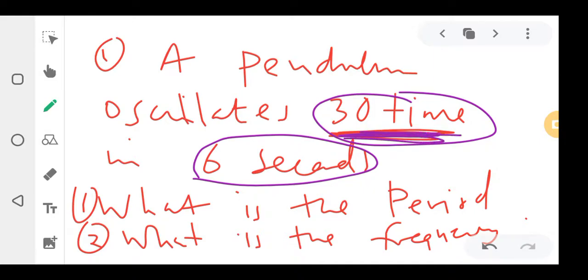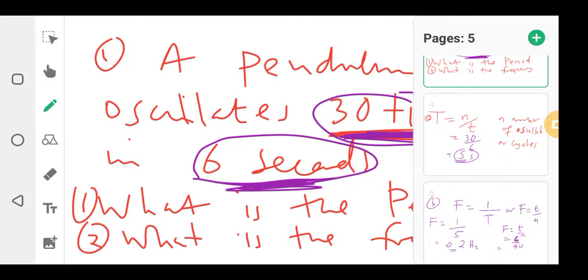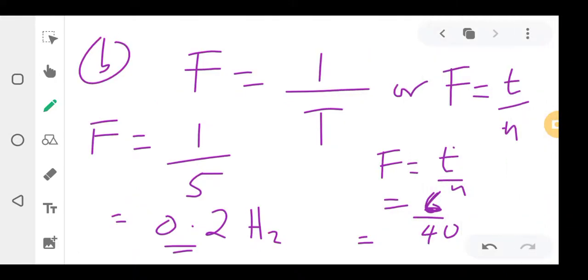On number of oscillations you put 30, and then the time you put 6. What is 6 divided by 30?